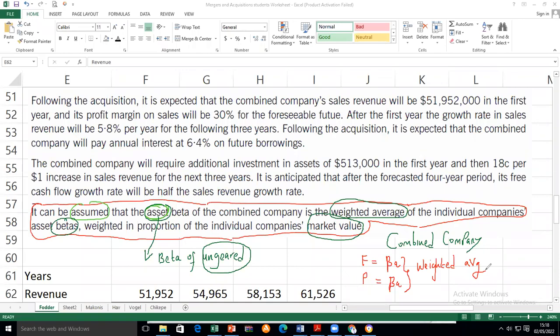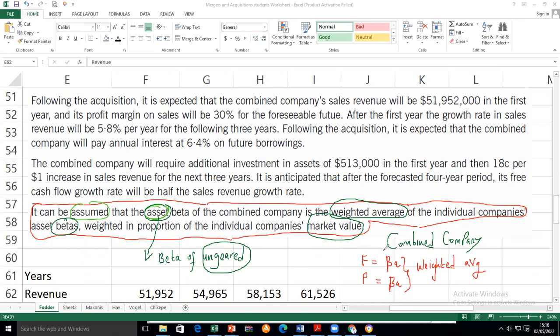This you're going to do in many other questions. Where to find the beta of the combined company, they'll give you information about the asset betas. First of all, you get the asset betas, you average them. Then you're going to get the combined company's asset beta. I hope we have followed those steps.